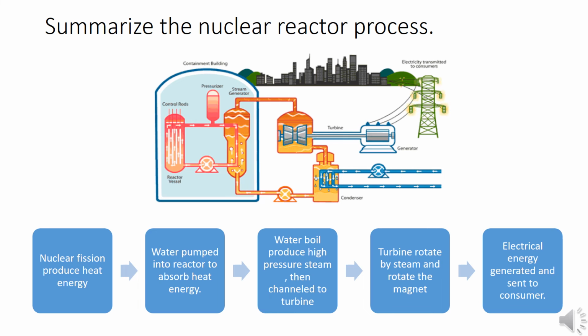The water will boil to produce high pressure steam, which is channeled to the turbine, and the turbine will be rotated by the steam and rotate the magnet, and then electric energy is generated and sent to consumers. This is the summary of the nuclear reactor process.